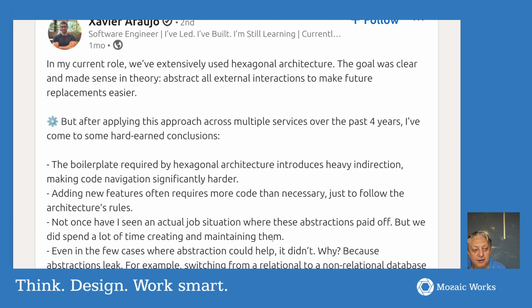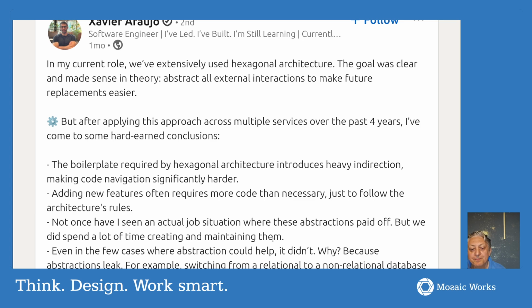Sure, one of the effects that you obtain by following it is that you can isolate yourself from the external systems. But I think a much more important role is that you are able to define your domain in a clean way. And that's where I think hexagonal architecture shines.